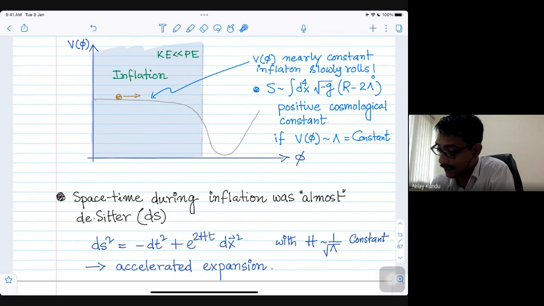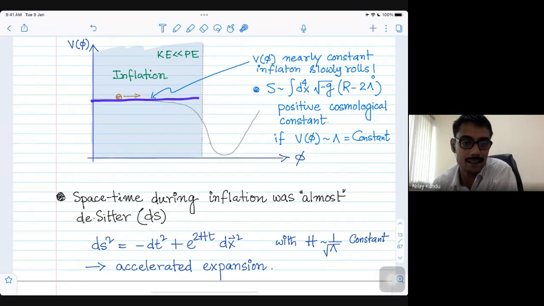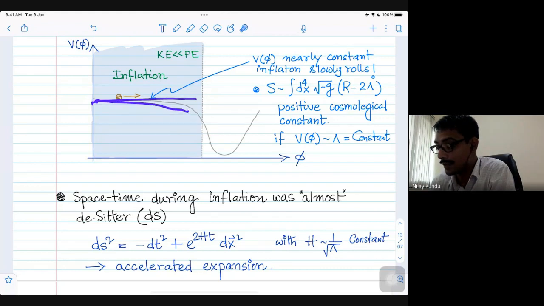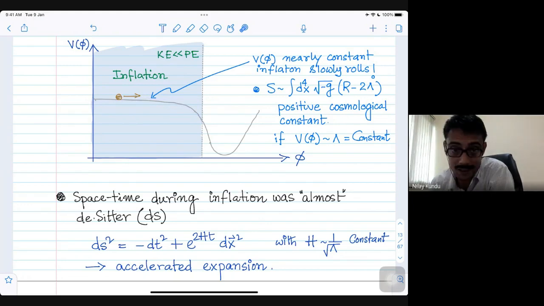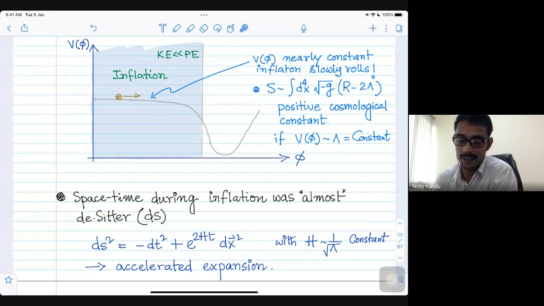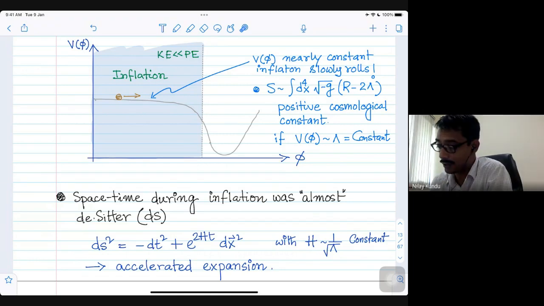Because otherwise the inflation will never end. If you have a slope, then at some point the kinetic energy will start dominating and inflation will end. And as we have seen before, we need inflation to end at some point. It just needs to solve the horizon problem, and then we transit to the standard Big Bang cosmology.